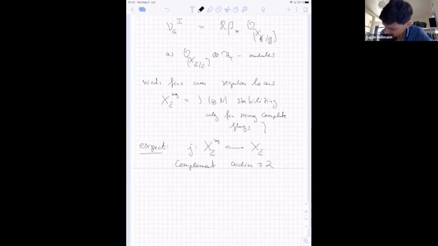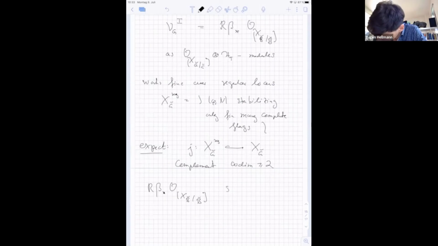And then the thing in question, namely this R beta lower star of O X B check mod B check, well, looks like it should live in quite a range of cohomological degrees.